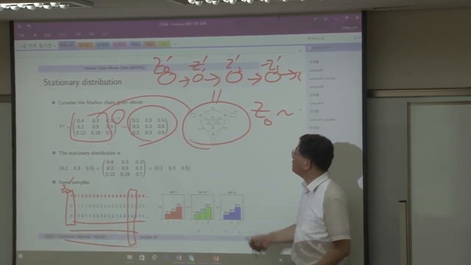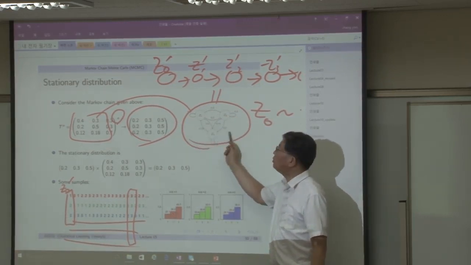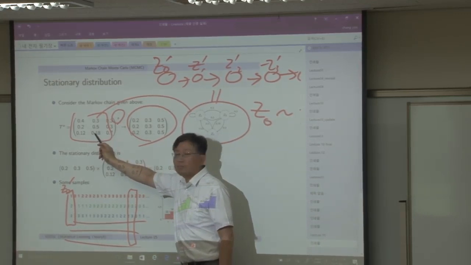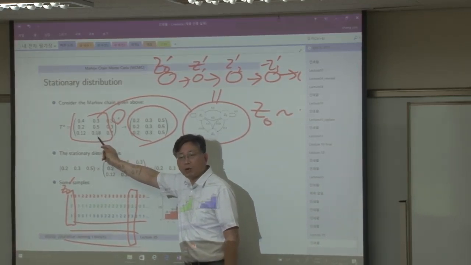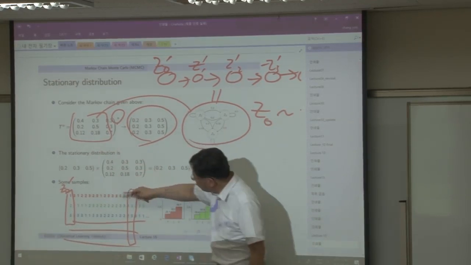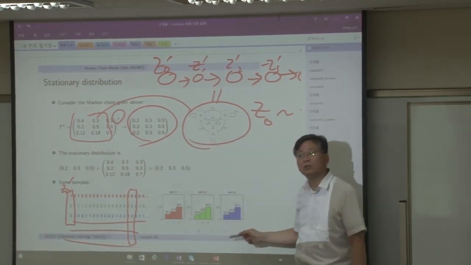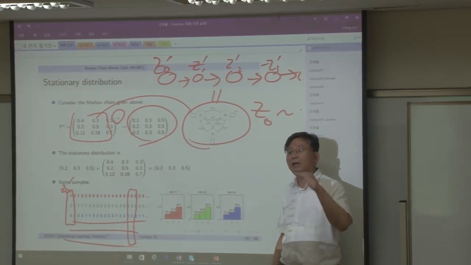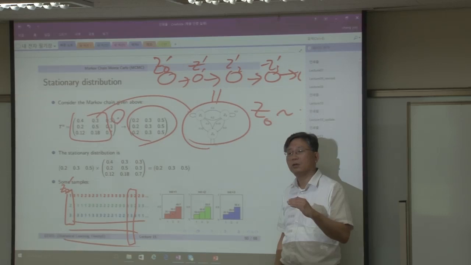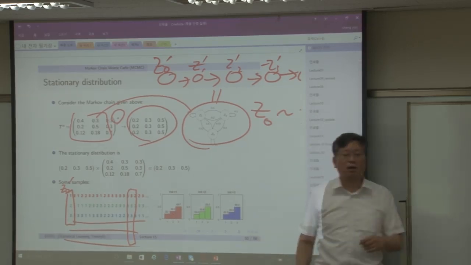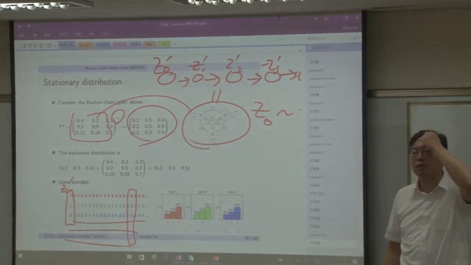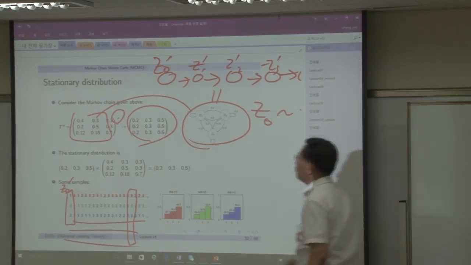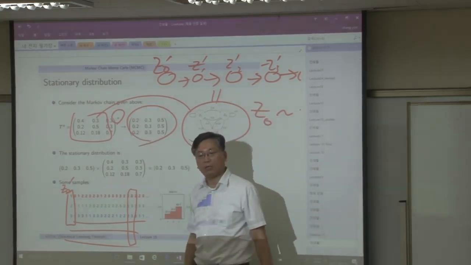You have to design your finite state machine, in other words, you have to pick out the right transition probability, so that if you go through this, you get that distribution. That's the point about MCMC. That's the general philosophy. And I'm going to show you how to generate this transition probability.